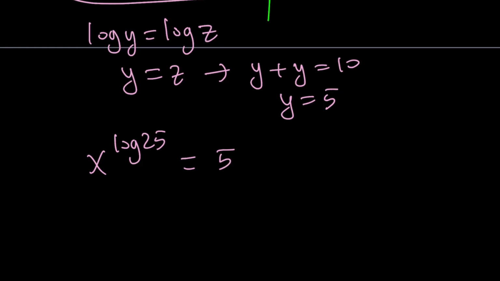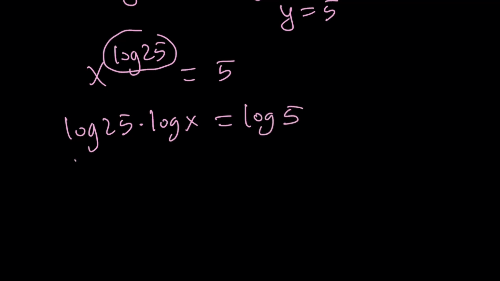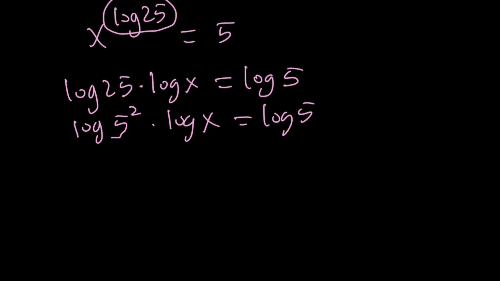But anyways, let's just solve this equation. How do you solve it? Again, you can log both sides. And you can say, hey, log 25 times log x is equal to log 5, a lot of logging. But log 25 is log 5 squared, and it's just going to be written as 2 times log 5 by using the properties of logs.